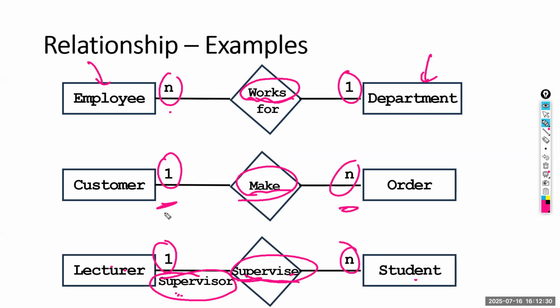But customers making an order is natural, so you don't need it because the role is also customer. Employee works for department, it's employee. So then you don't need to show it. But if the relationship is due to a special role, just specify it, because it makes sense.